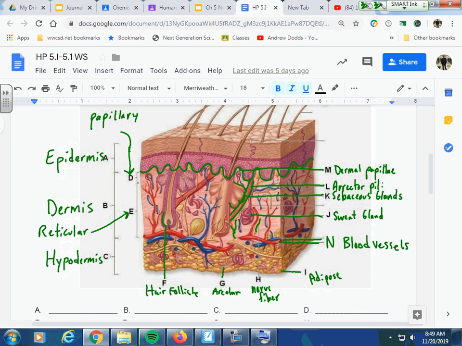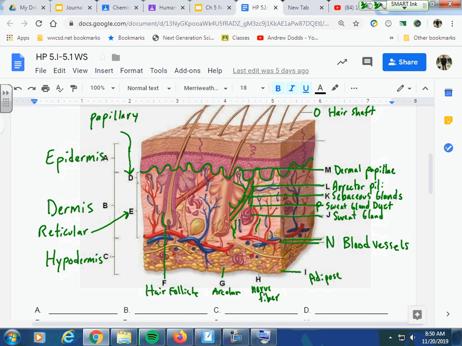The other one I had you label was O up here. So this part of the hair that you see is called the hair shaft. Okay. And I had you put this thing for P. And so on the sweat gland, the tube that carries the sweat towards the surface is letter P, sweat gland duct.